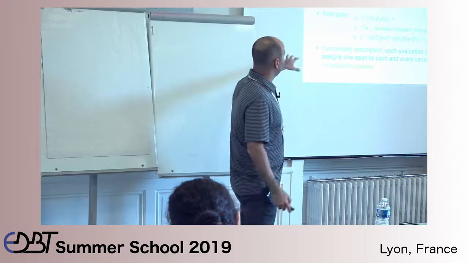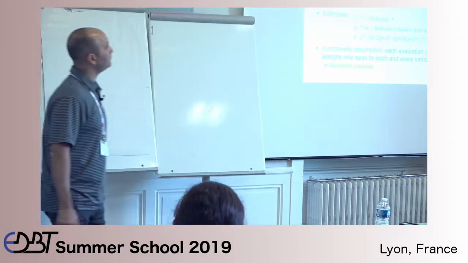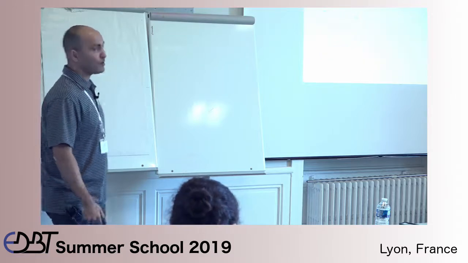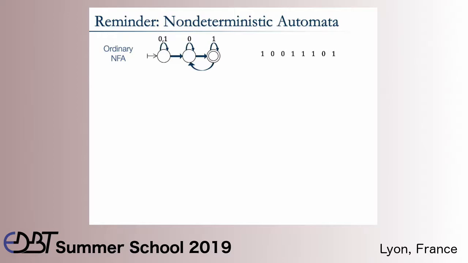So now, this is a representation of a spanner, all right? And if you want to analyze regular expressions, of course, automata are a convenient tool for that. Just to remind you, a non-deterministic automaton is this structure, this machine, that goes through the text and makes transitions between the states.